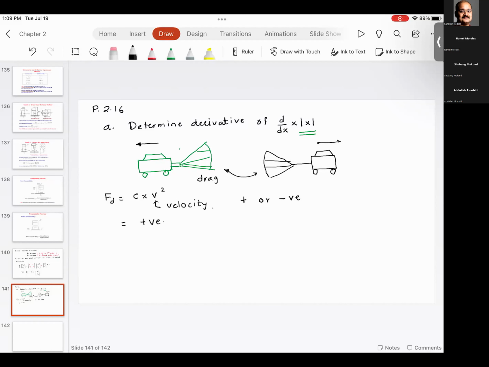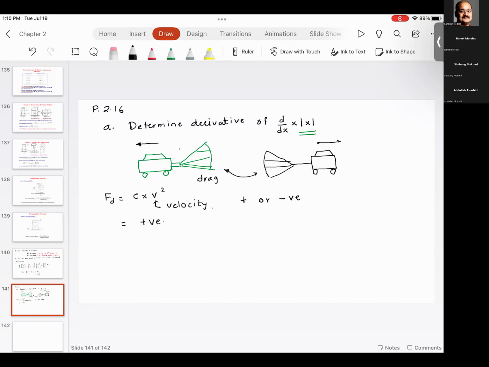Now this issue may not look important, but it is, because drag force is always going to be opposite the direction of velocity. And unfortunately, the analyst or the engineer has to write this down explicitly when we draw the free body diagram or when we write the equations of motion.